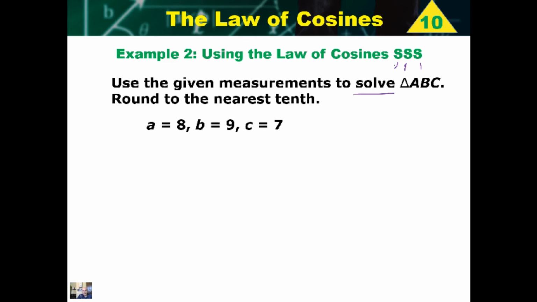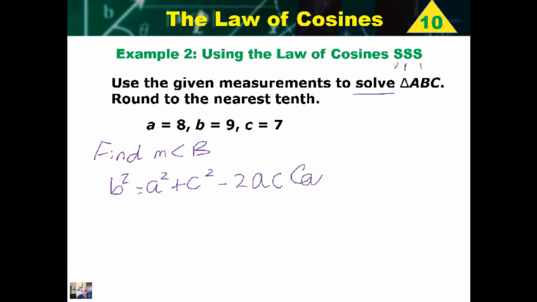There's no reason really. So I find the measure of angle B by using the law of cosine. So here's b squared equals a squared plus c squared minus 2. Come on, somebody tell me what exactly I'm going to put here. 2 here. Remember, these two things are repeated. So 2ac cosine of the angle between them, which is angle B.